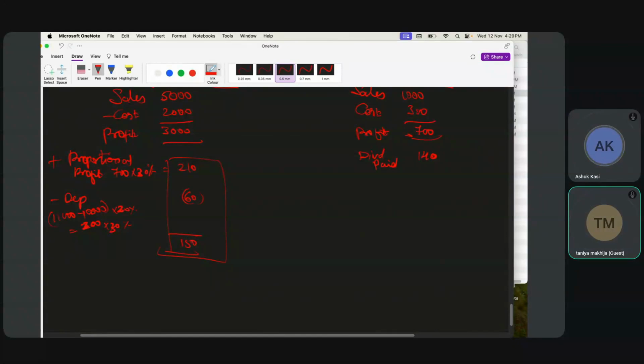Now we will deduct that also, no? Cash dividend. Sorry, add. That is 30 in the balance sheet. Okay. Cash dividend is a part of balance sheet, no? Okay, let me just check the answer once. Wait.